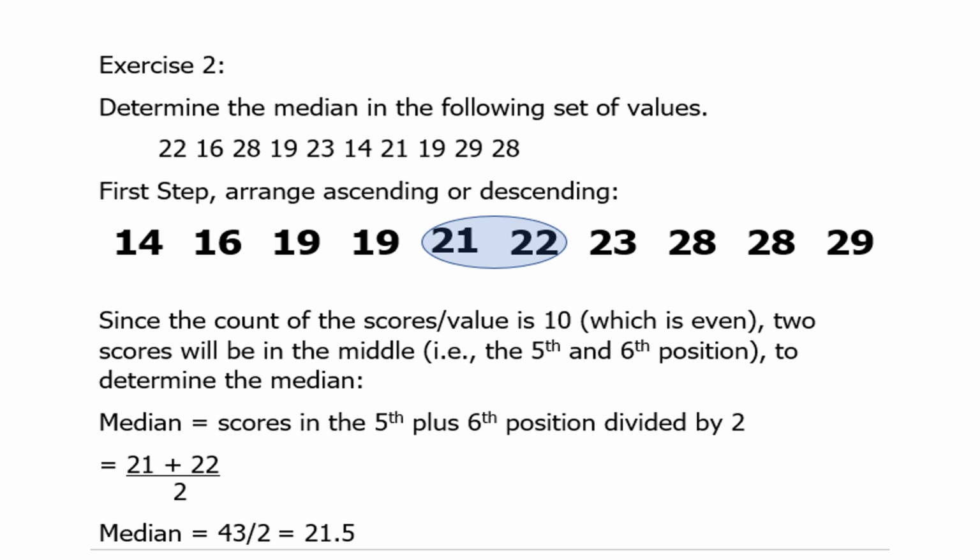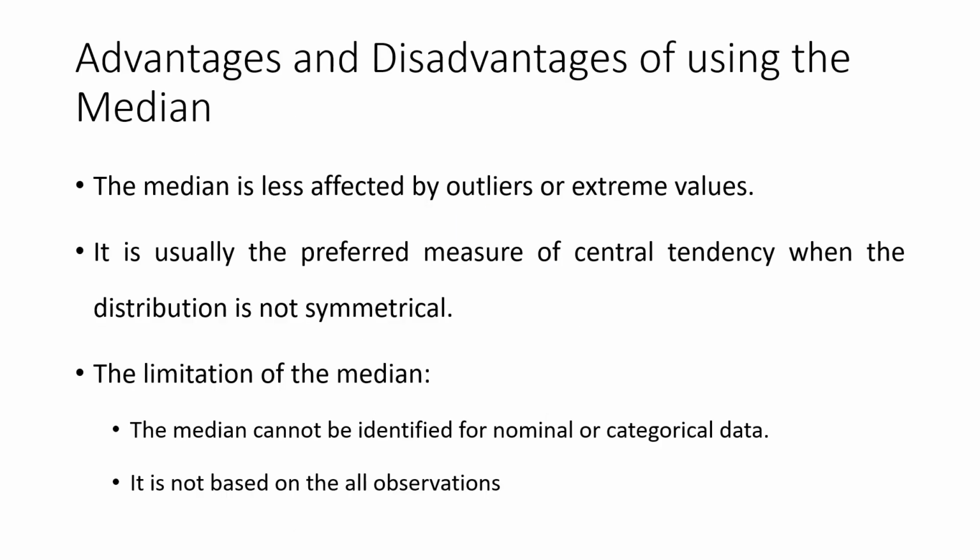With this, we have been able to get the number at the center for this particular distribution. Ease of using the median: the median is less affected by extreme scores or outliers, unlike the mean, which is greatly affected by extreme scores or outliers.